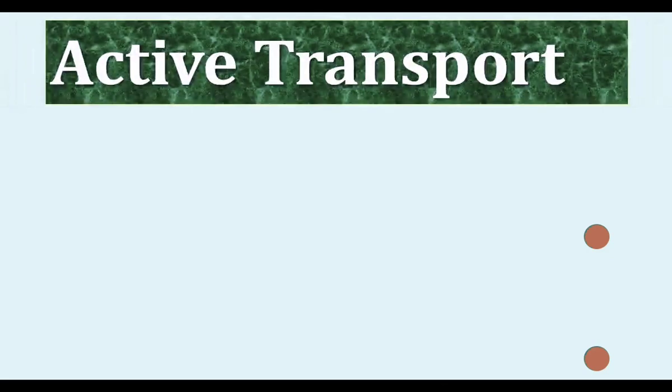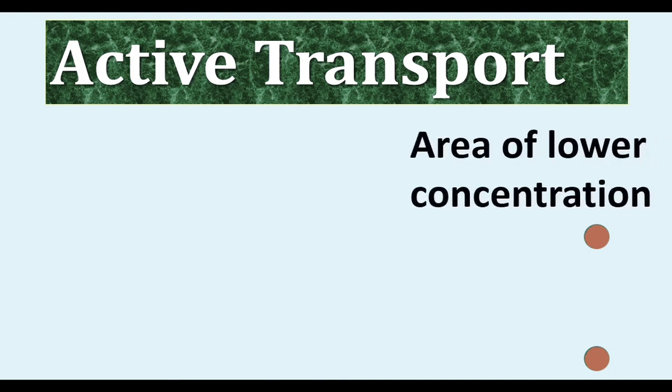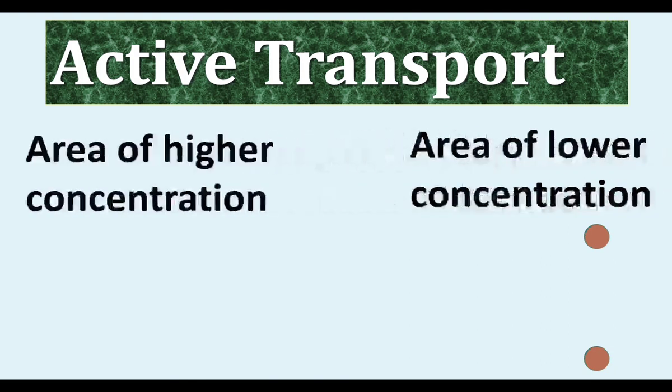Active transport involves the movement of substances by using ATP energy. In active transport, movement takes place from the area of lower concentration to the area of higher concentration.